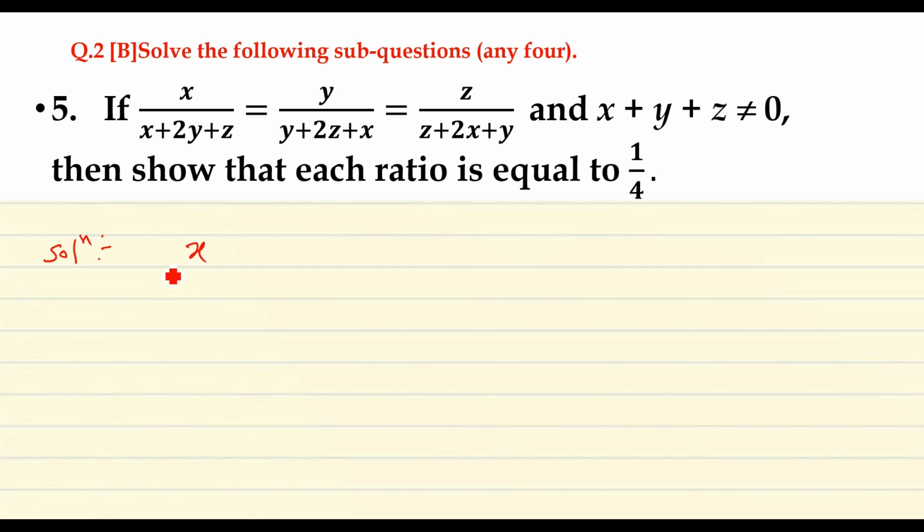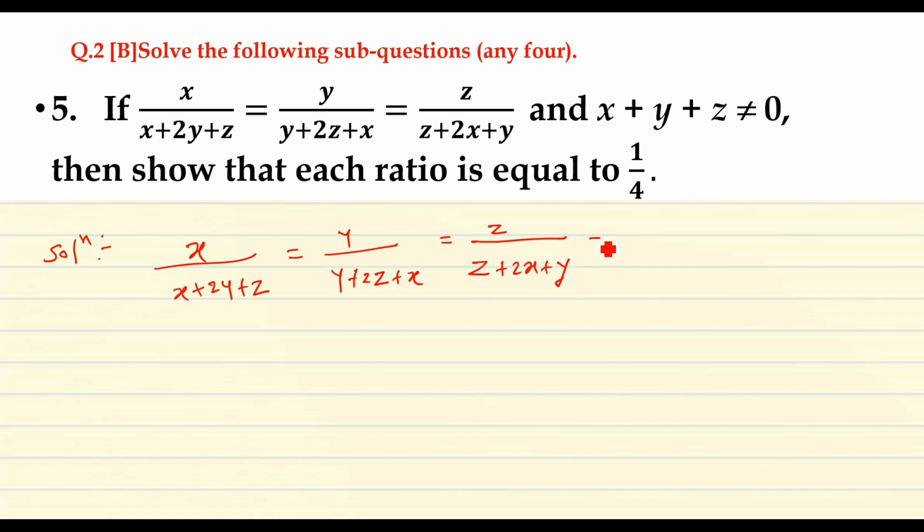So if all these three ratios are equal, this is step number 1: x upon x plus 2y plus z, y upon y plus 2z plus x, is equal to z upon z plus 2x plus y, is equal to k. So what is k?